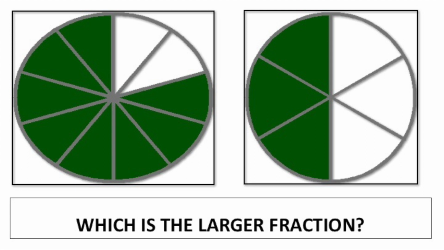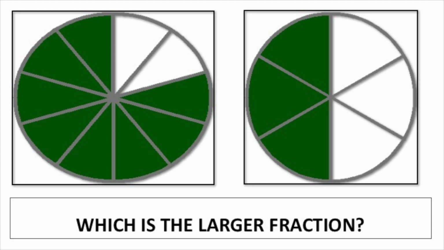How many parts in green? 8. So here we've got 8 over 10. And what about this circle here? How many parts? How many in green? 3. So what do we think's bigger, guys? Look at the amount of green. 8 over 10 or 3 over 6?